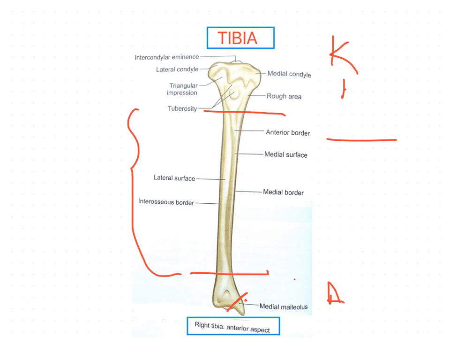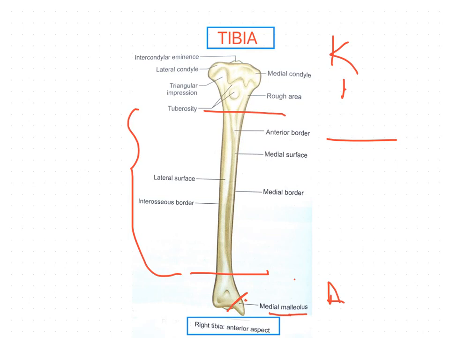Here malleolus means a small hammer-like structure which is located on the medial side. That means the upper end is broader and larger than the lower end, and on the medial aspect you can find the medial malleolus.